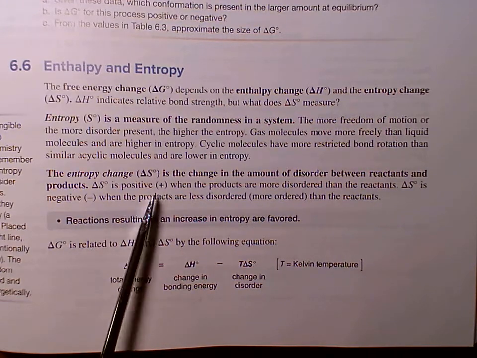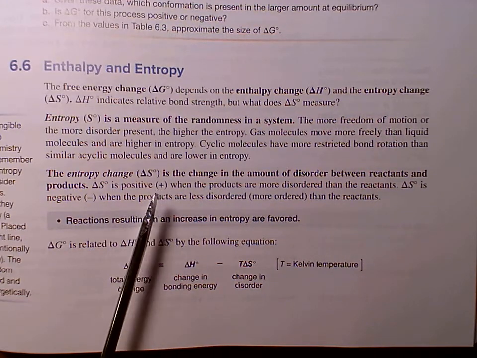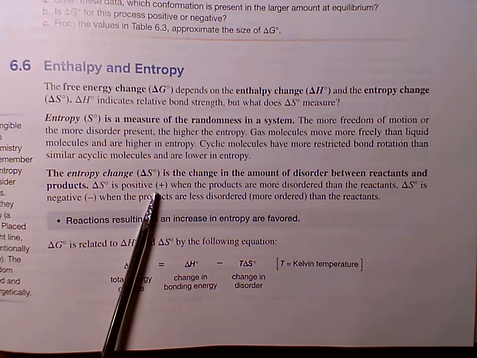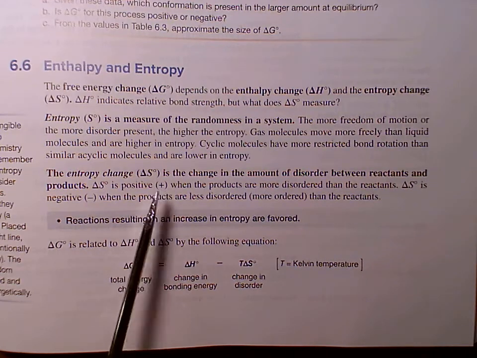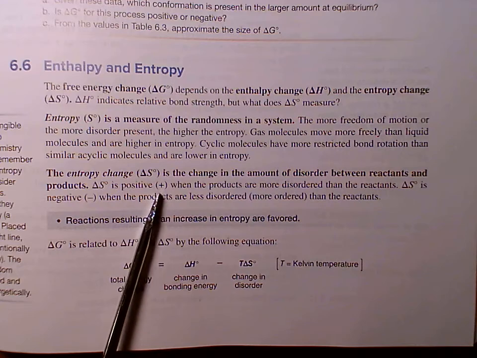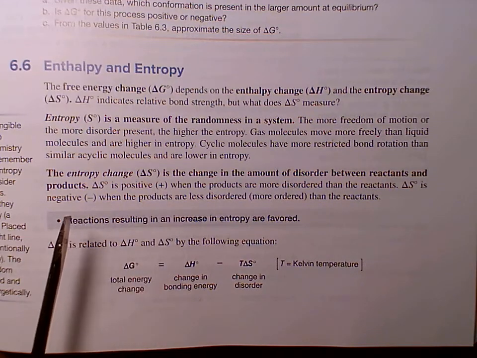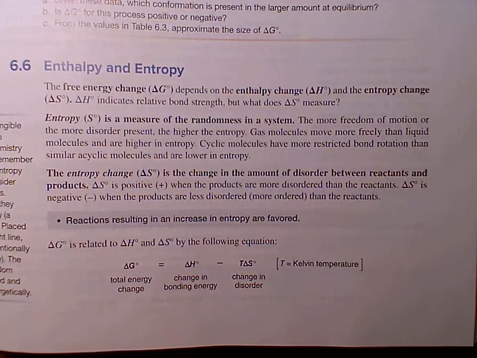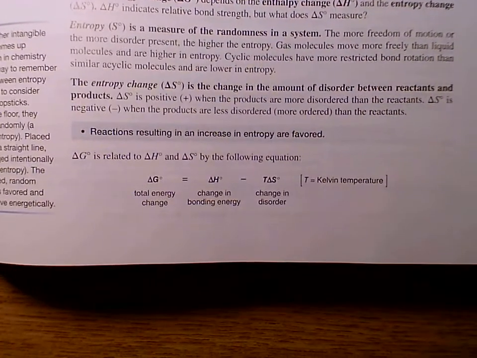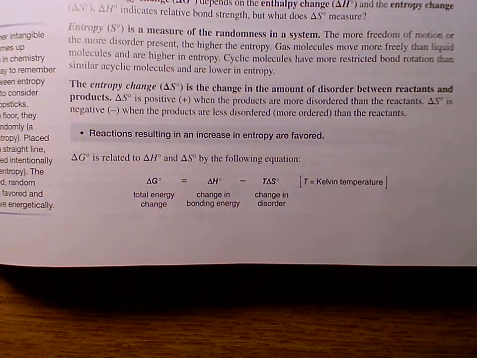A positive entropy change means the reaction is more likely to go. Positive entropy change is the way nature likes it. Things become more random. Negative entropy change is when things become less random, and that's not the way nature prefers it. And that brings us to a fairly important equation down here.